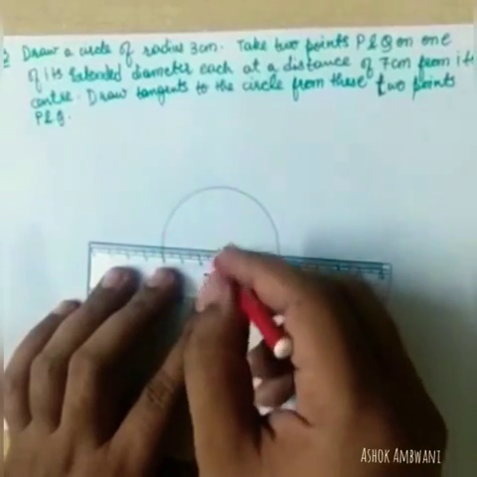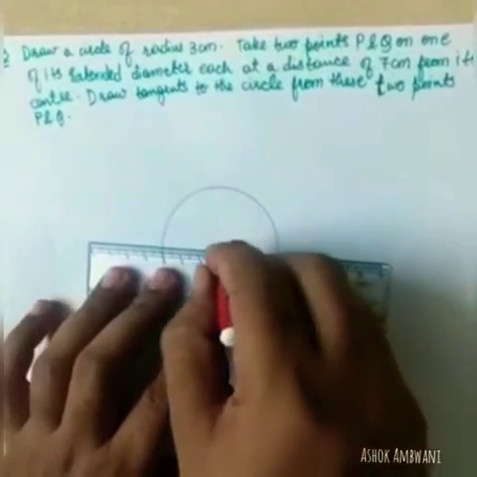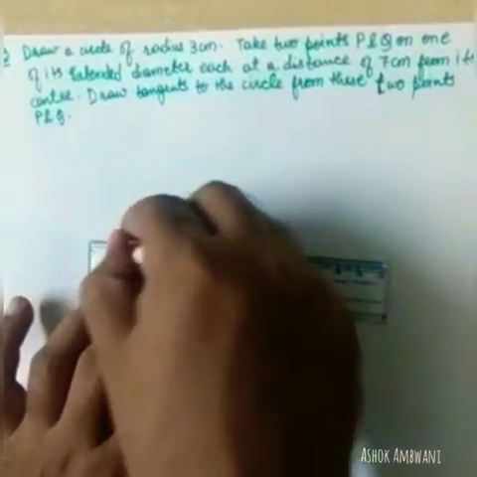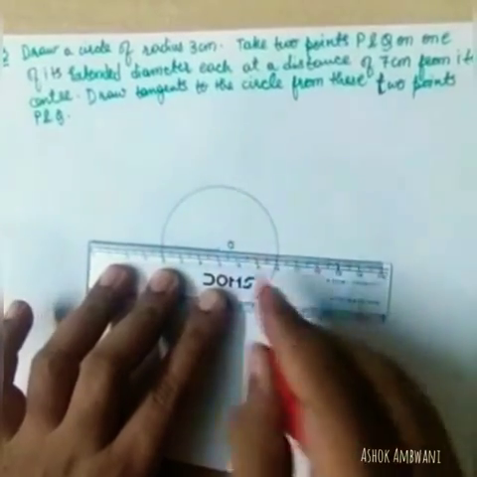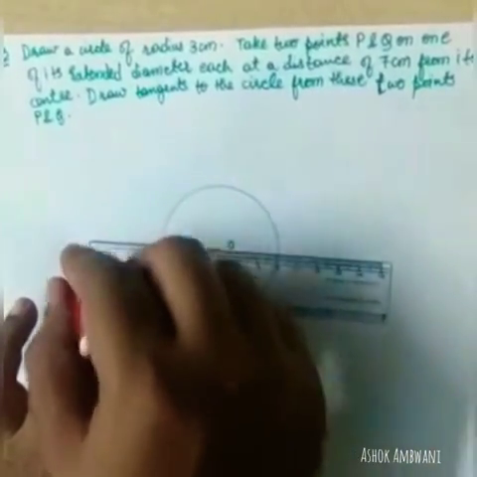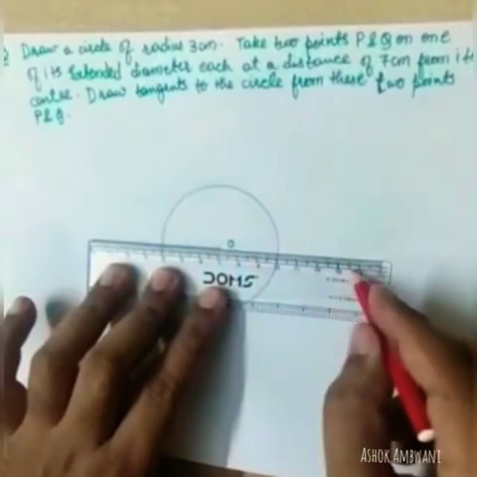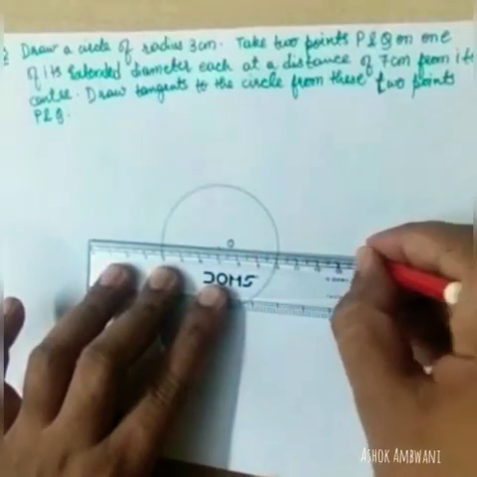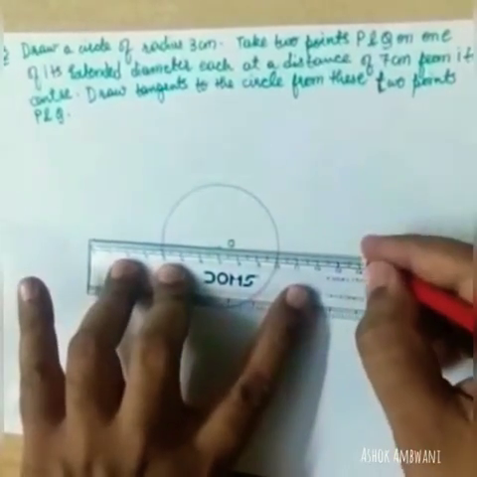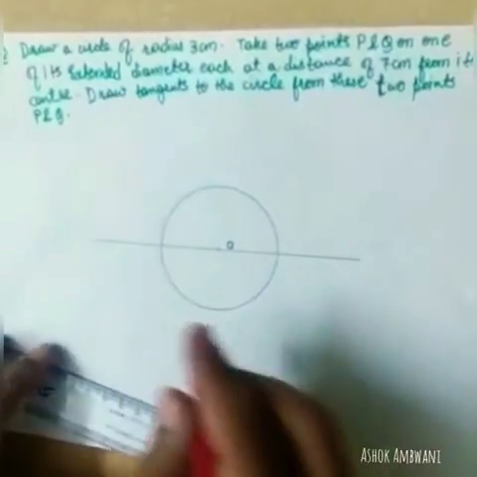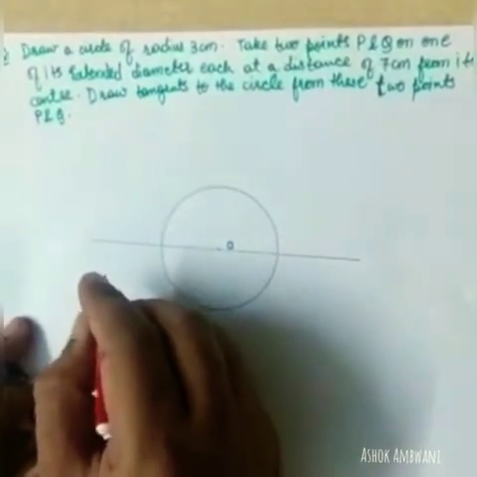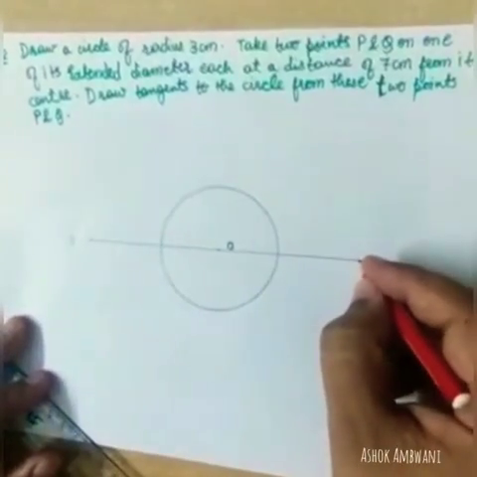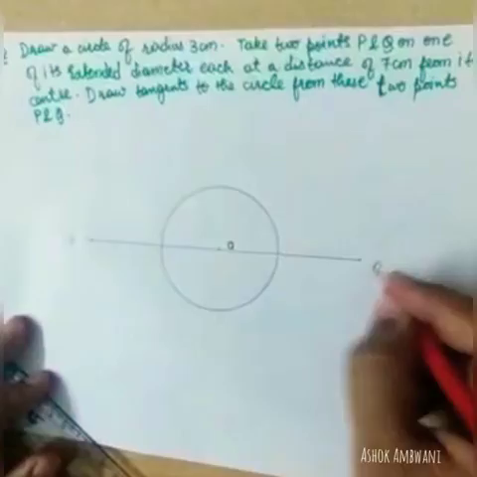So from point O, P is at a distance of 7 centimeter, so here will be P, and also from O 7 centimeter over here, so that will be point Q. In this way I have obtained 2 points now, which are P and Q. Clear?